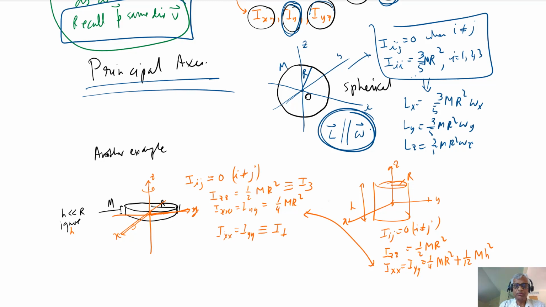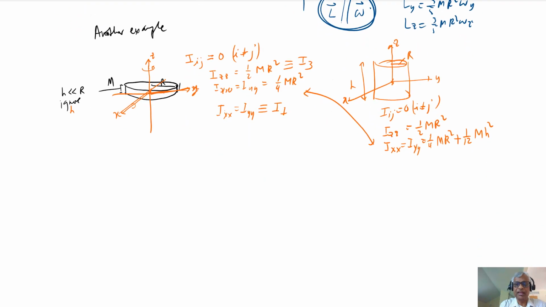So in these cases, when you write down angular momentum, it's going to be I1 omega x hat plus I1 omega y hat plus I3 omega z hat.